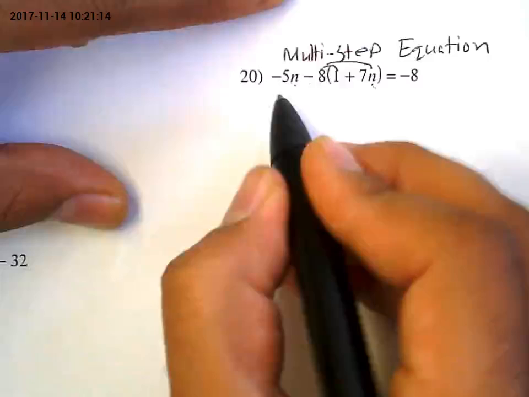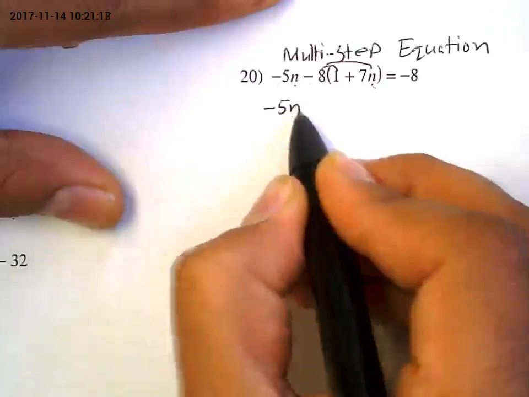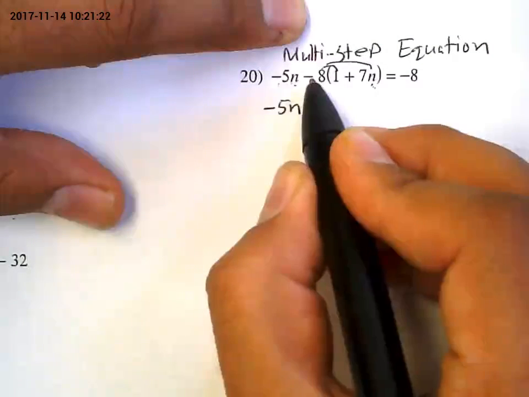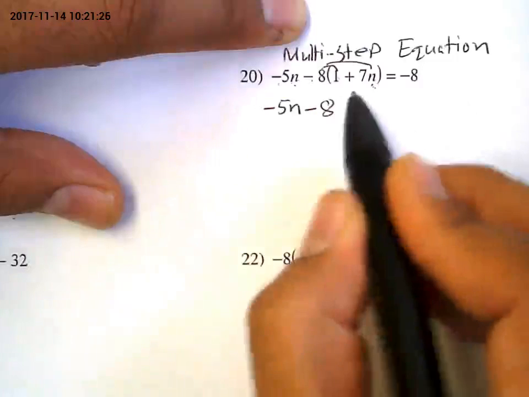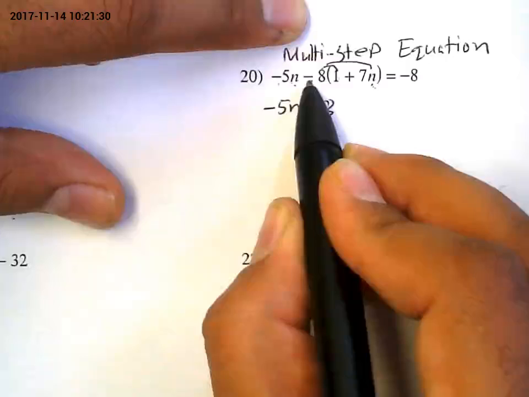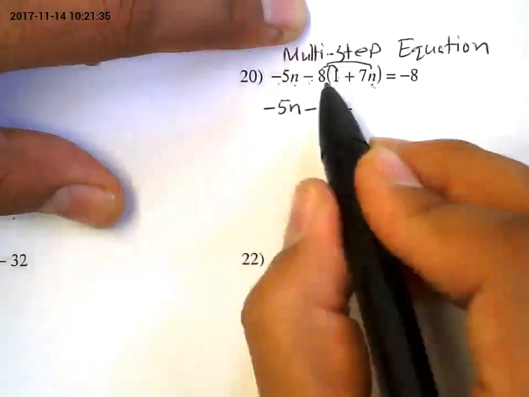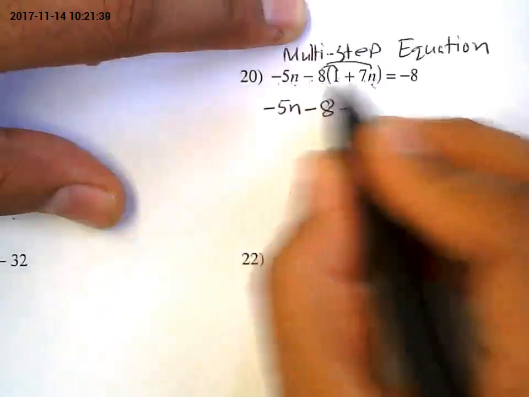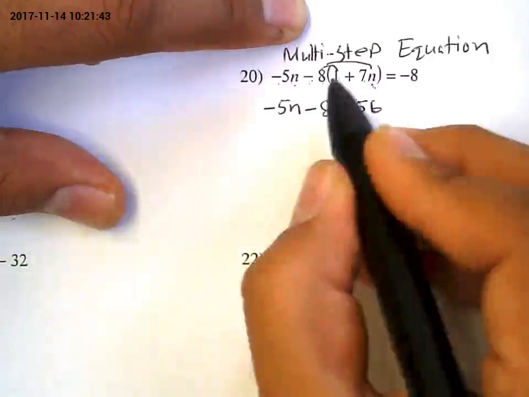Let's do that. I'll write negative 5n first. This is negative 5n because we didn't do anything with that. Look at this, negative 8 times 1, which is 8. Then negative times positive is negative. 8 times 7 is 56.